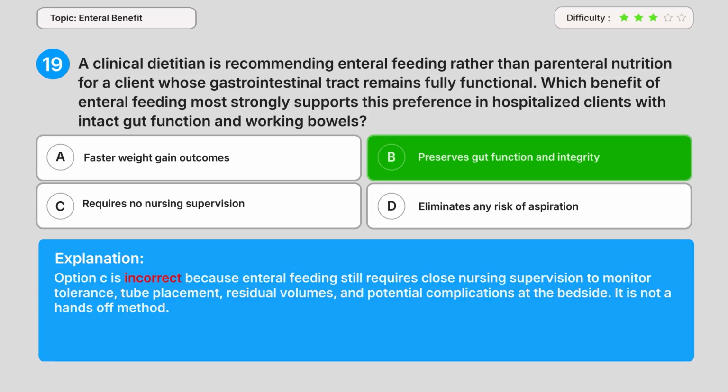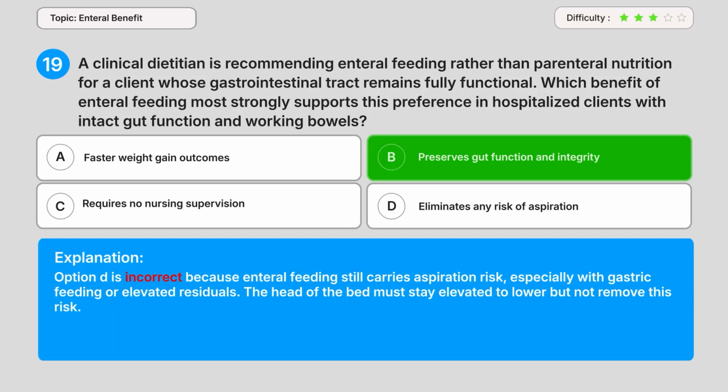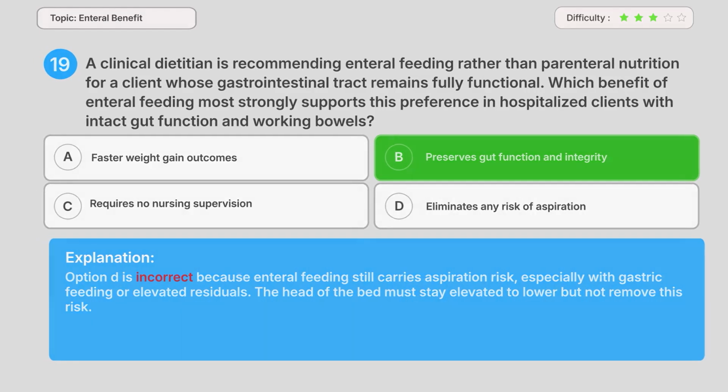It is not a hands-off method. Option D is incorrect because enteral feeding still carries aspiration risk, especially with gastric feeding or elevated residuals. The head of the bed must stay elevated to lower, but not remove this risk.